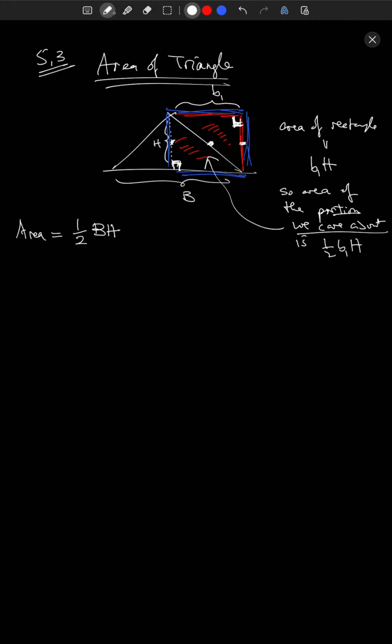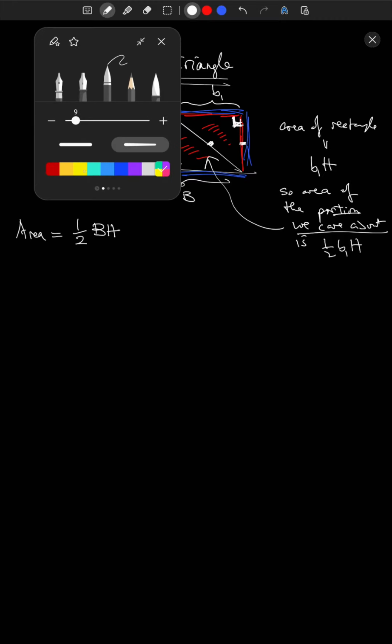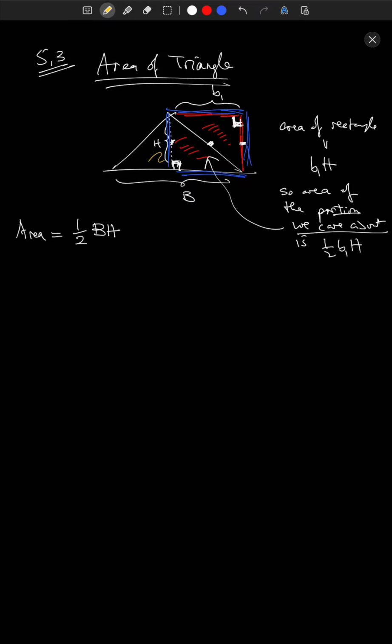Okay, in exactly the same way, we can do the same thing on the other side. We have this right triangle here. We can create a rectangle right there, right? These two triangles are congruent. So they're exactly the same. So in particular, they have the same area.